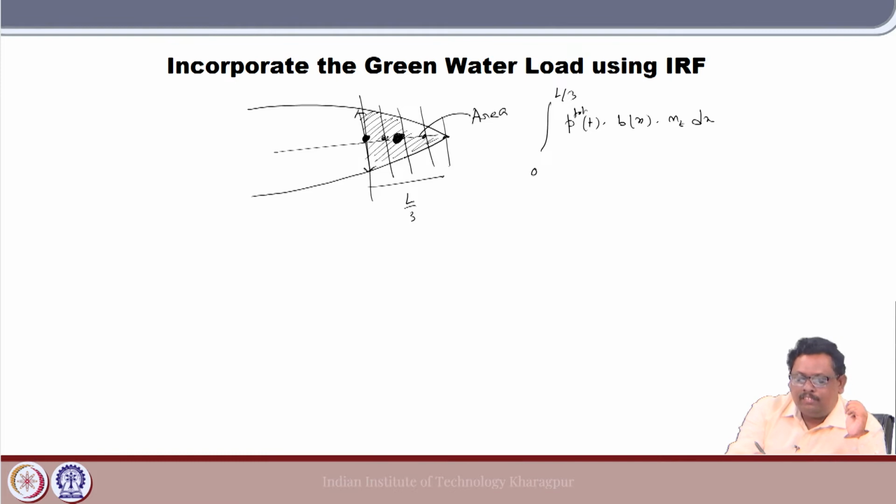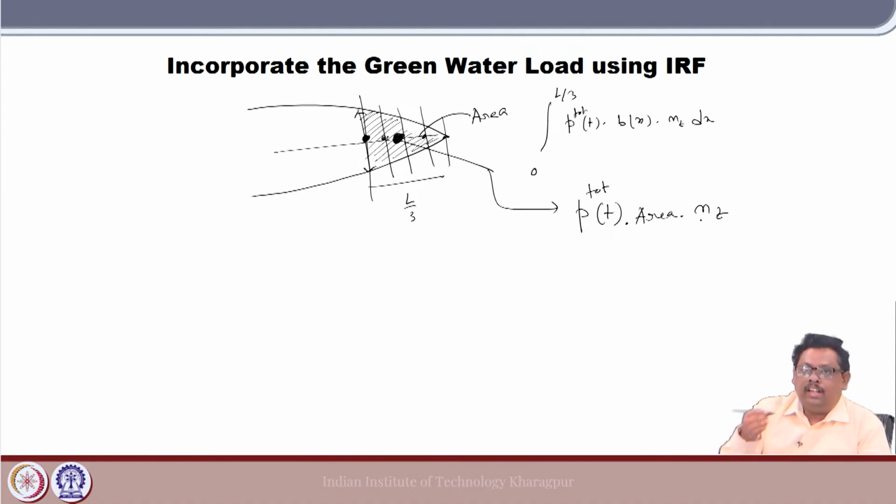So, as a homework, you take this single point and calculate the total pressure at this particular point, and then multiply with this entire area, and then multiply it by the N_z. So, this is another way you could do that.